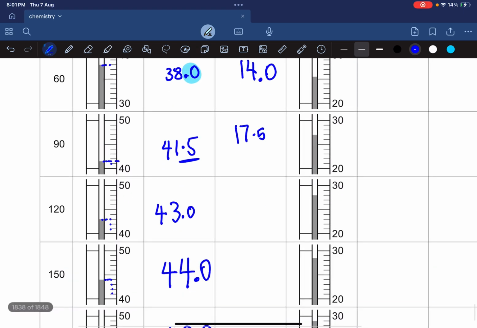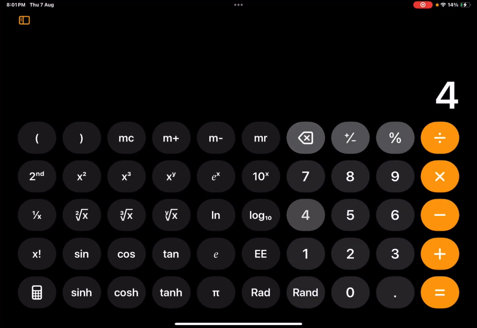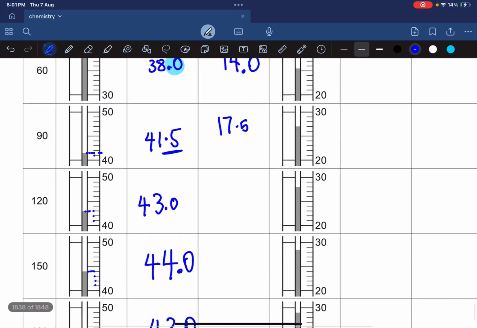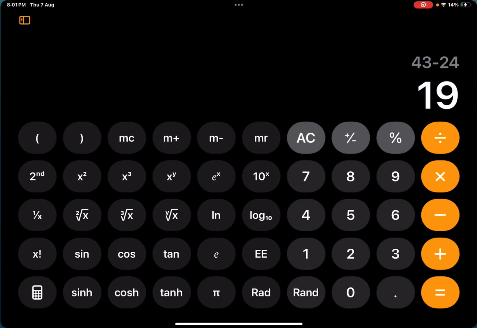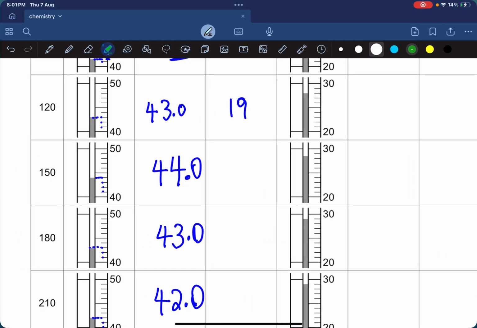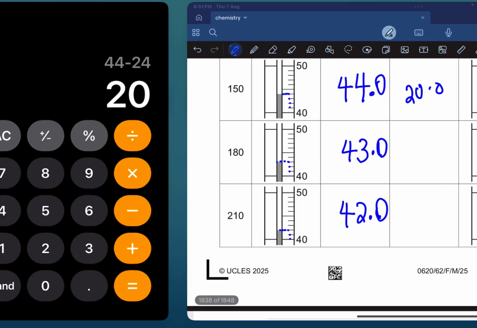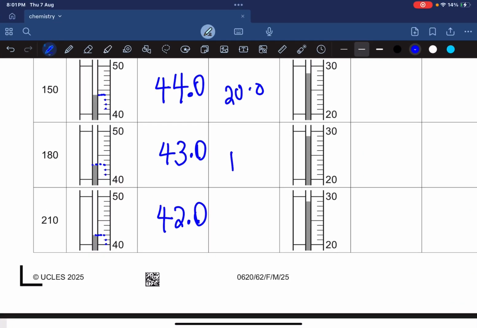Okay, 43 minus 24, and that gives me 19. 44 minus 24, 20. 43 minus 24, 19.